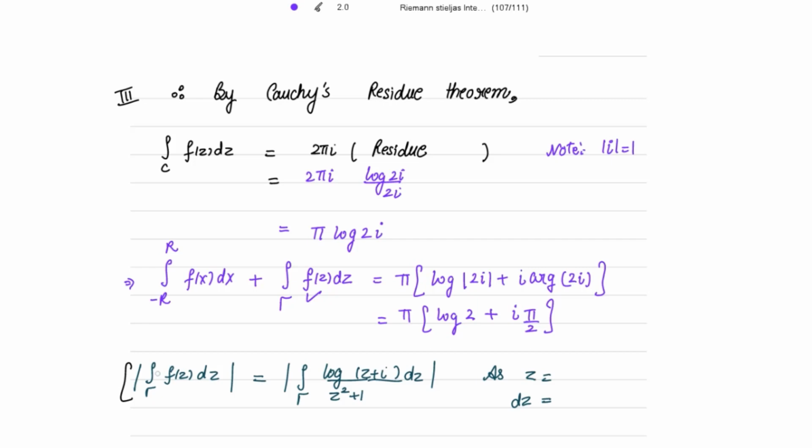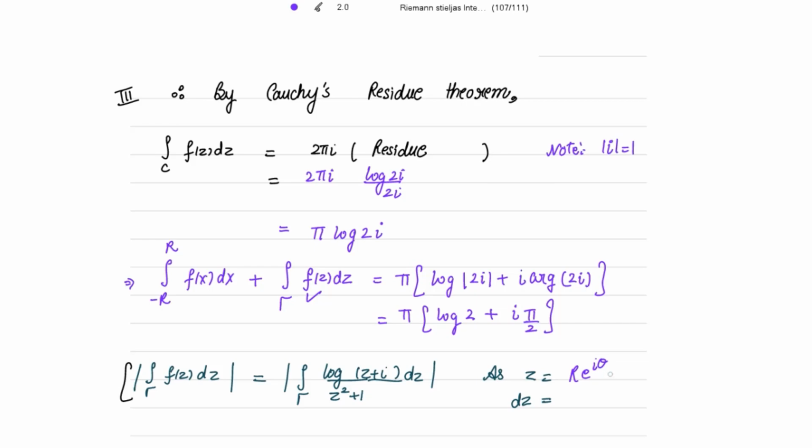Alright, so this is the integral over tau of f(z) dz. This mod is equal to mod of the integral over tau of log of (z plus iota) over (z square plus 1). This is our f(z) function. Now what is my z? It is R e to the power iota theta. Here I am taking the capital R because I have used capital R in the integration.